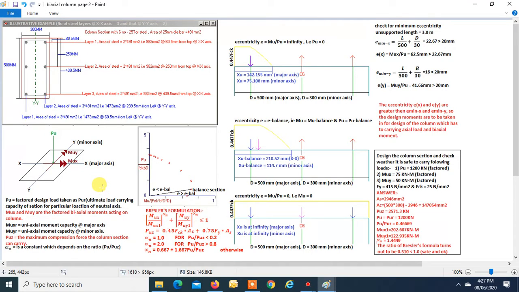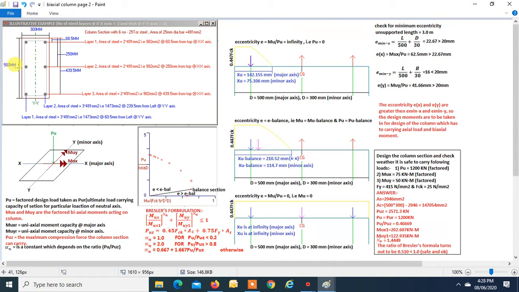Now we will do the design of a section as a biaxial column. We'll take this section, where the depth of the column is 500 and the width of the column is 300. This is our major axis and this is our minor axis.